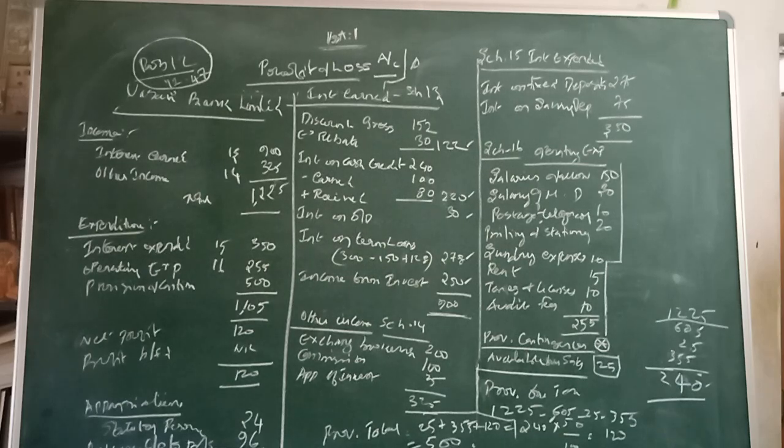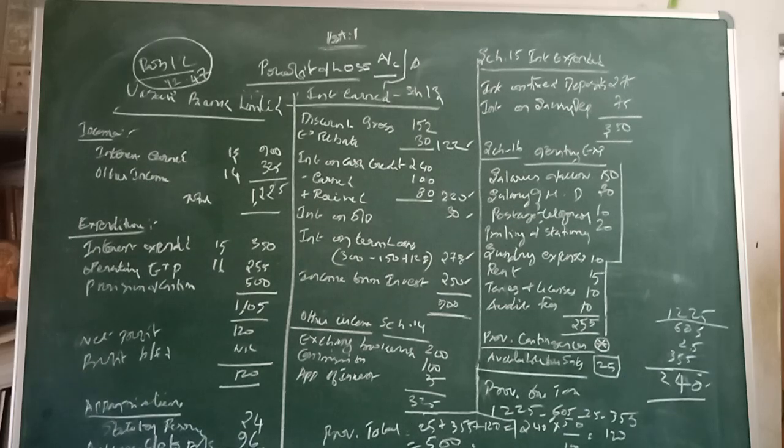Rebate on bill discounted, the amount is 30. We have to deduct it from the interest earned schedule. In this rebate on bill discounted, please put a mark on that point. Why? Because I already explained that for rebate on bill discounted, the opening balance should be added to schedule number 13 and the closing balance deducted from schedule number 13.